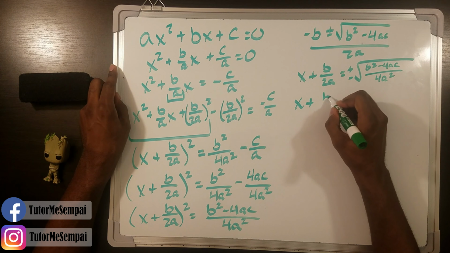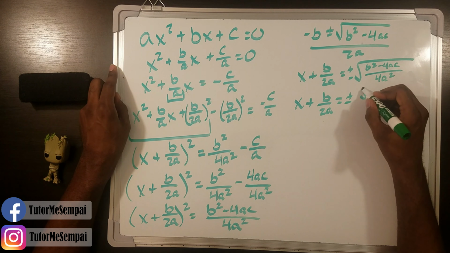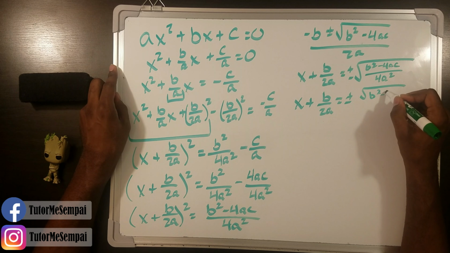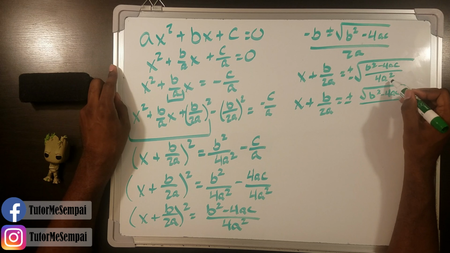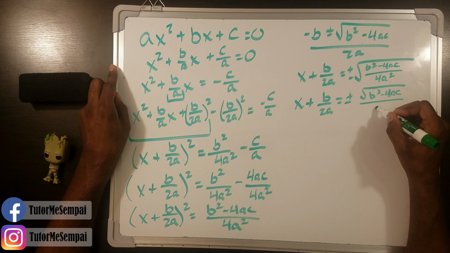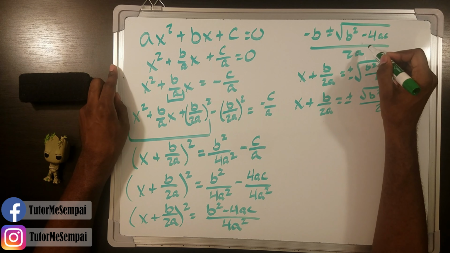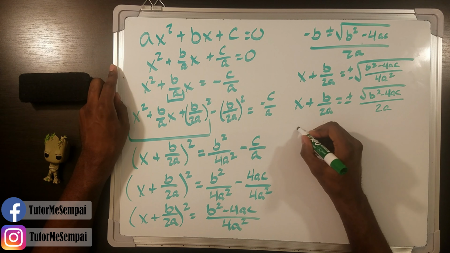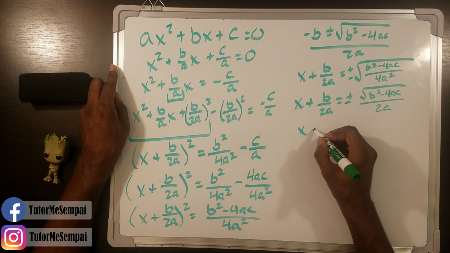X plus b over 2a equals plus or minus the square root of b squared minus 4ac all over, what's the square root of 4a squared? Well, that's just going to be 2a. And now you see we're getting really close to this, right? So we're going to get this x by itself and subtract both sides by this b over 2a.